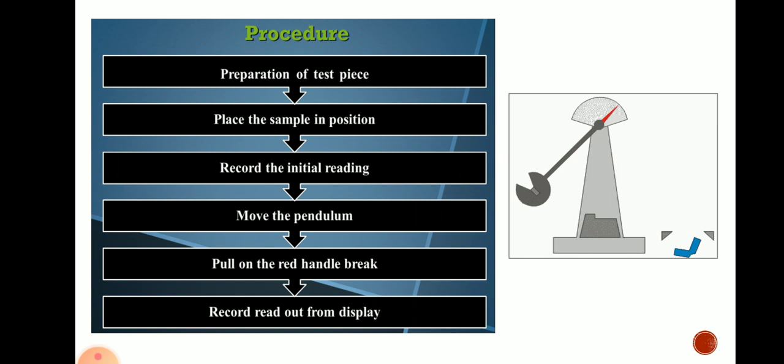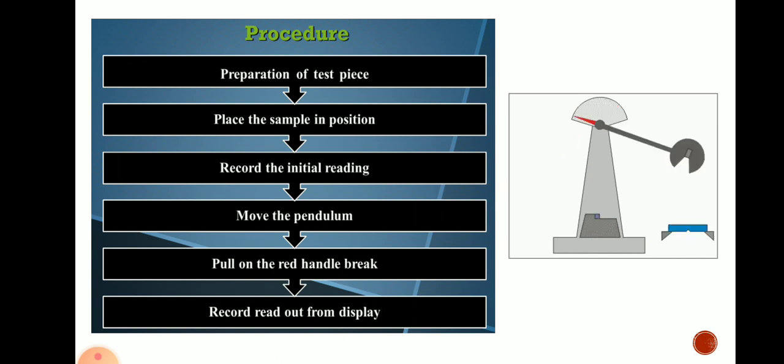After that, pull the red handle and release the hammer from distance capital H, so that the hammer moves, hits your specimen and breaks it, and after breaking the specimen the hammer will swing further. Whatever further height it has swung, measure that height, small h.